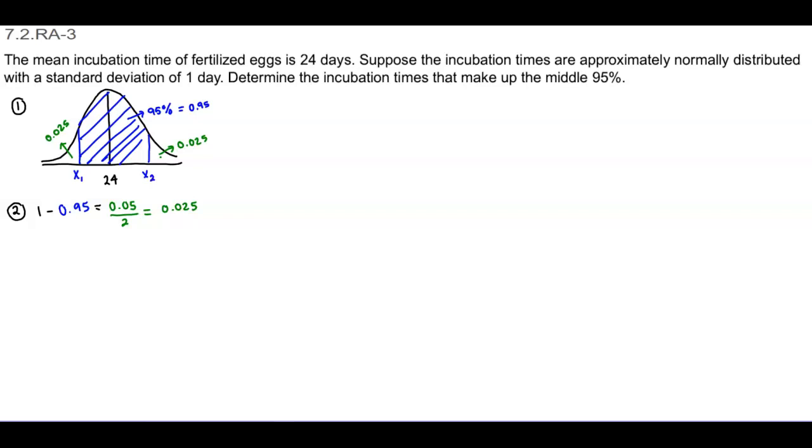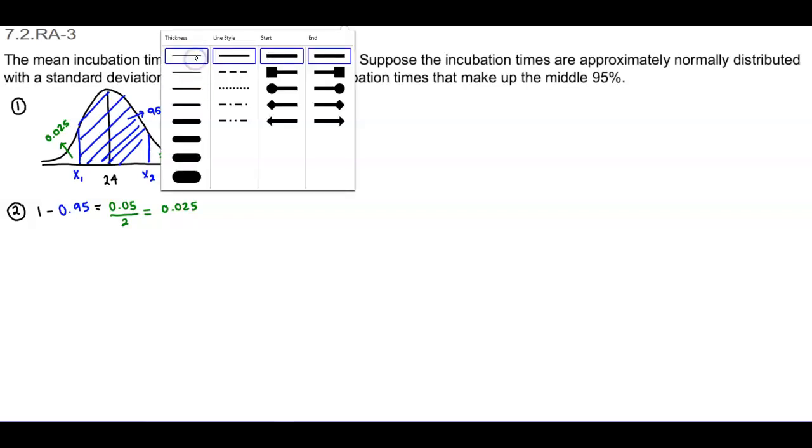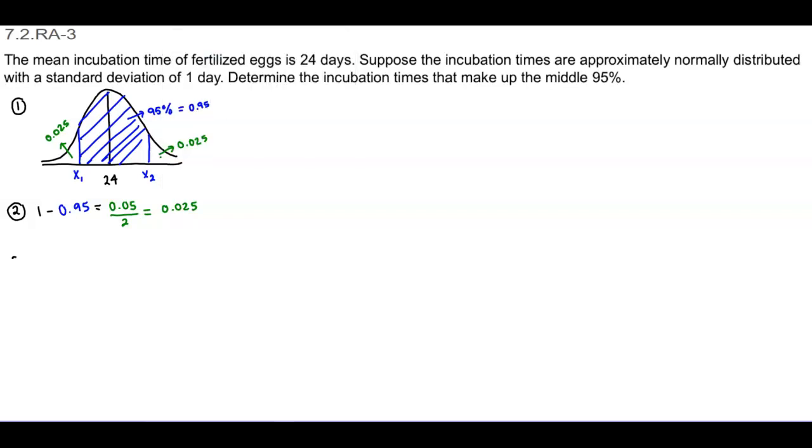So what we can do is figure out what is the area to the left of x1. We know that area is 0.025.